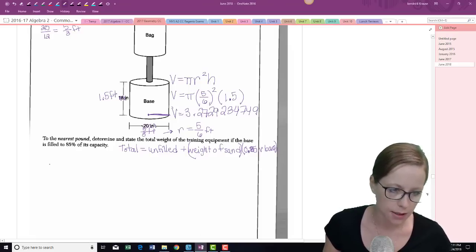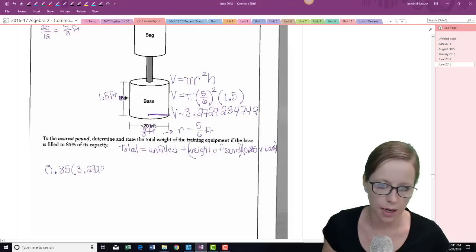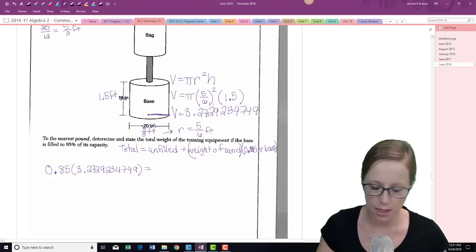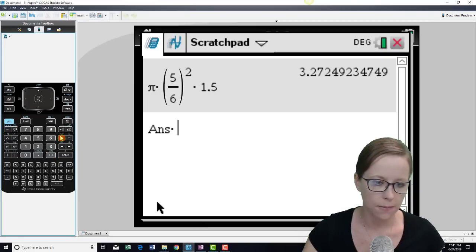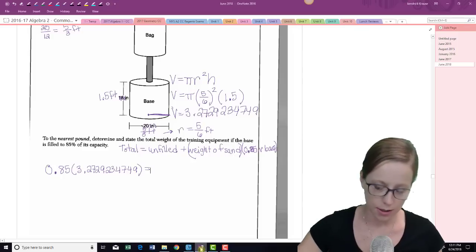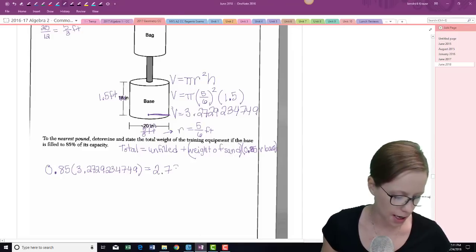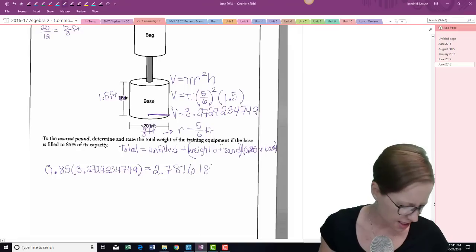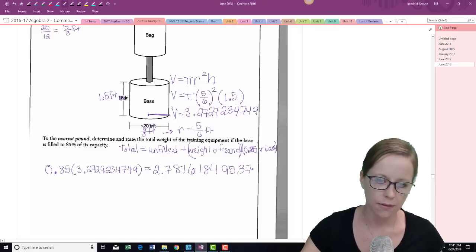So 85% of 3.2729234749 is equal to, so times 0.85, 2.78161849537, so write out the whole decimal. Okay, so that's 85% of that.